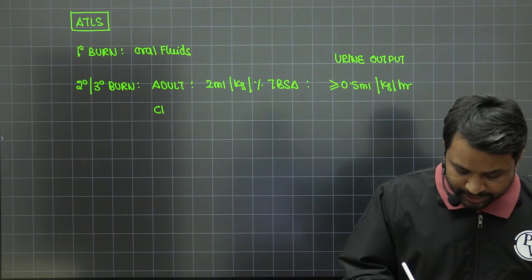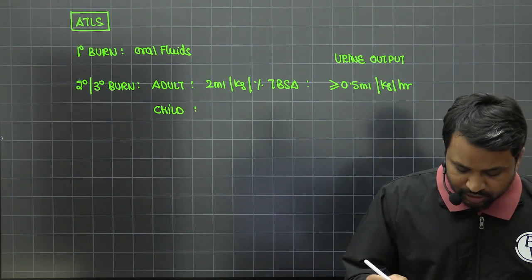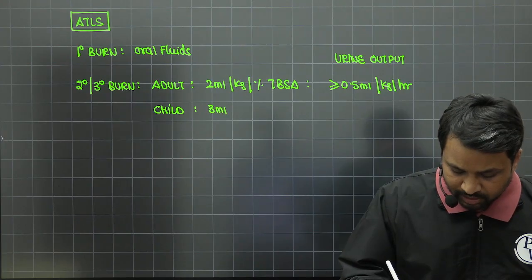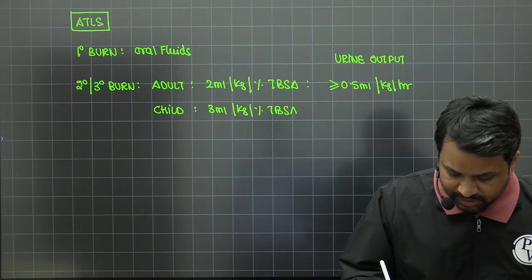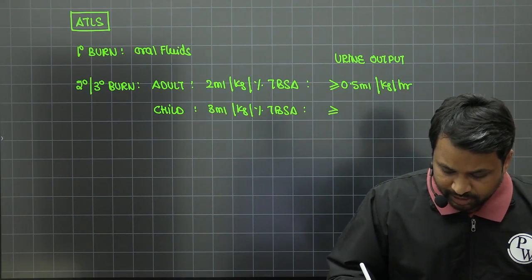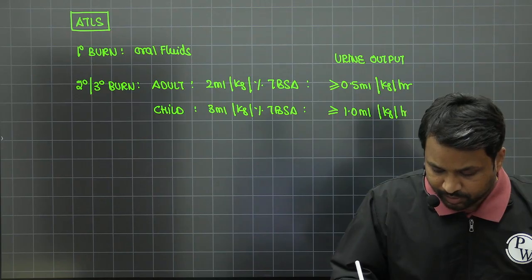If you have a child with a second or third degree burn, then it is going to be 3 ml per kg per percentage of total body surface area burnt. In children, we'll target the urine output to be more than or equal to 1 ml per kg per hour.